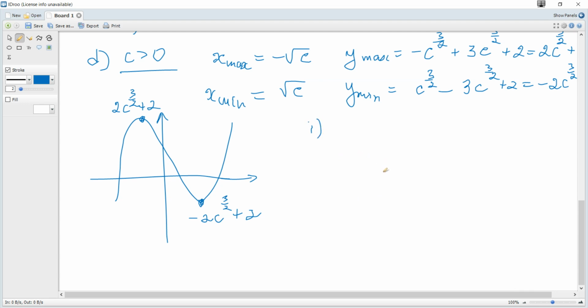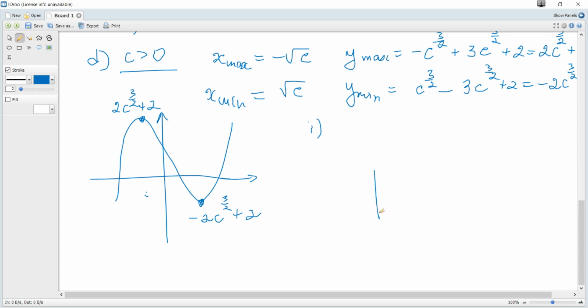Exactly one x-axis intercept, 2 marks. To have one x-intercept, it may be that the maximum is below the x-axis and the minimum is also below the x-axis, so it may look like this: maximum and minimum, and we have only one x-intercept.